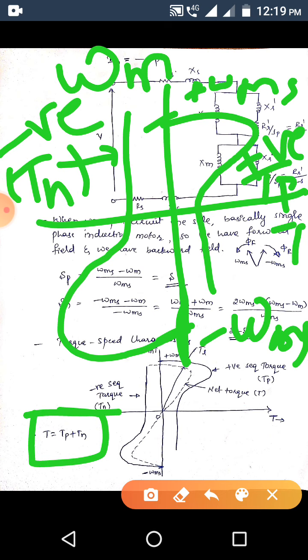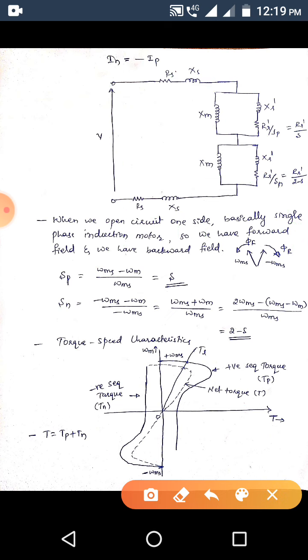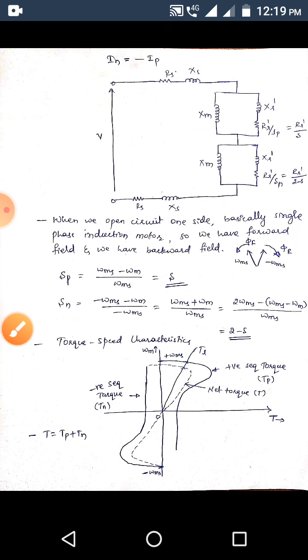If you add these two, you will get the net or total torque. It will be like this, the dotted line, that will be the total torque here.